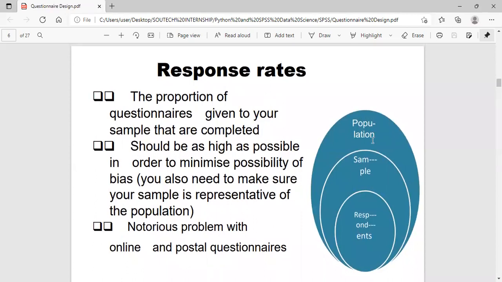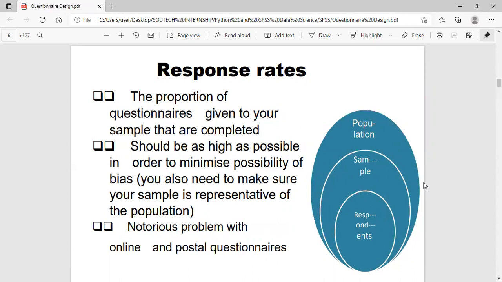So according to this diagram, this is a population, right? Let's say you want to make a survey of how many people have water in an area, and the area has about 2 million people. It's not possible to get across to all the people in that area.